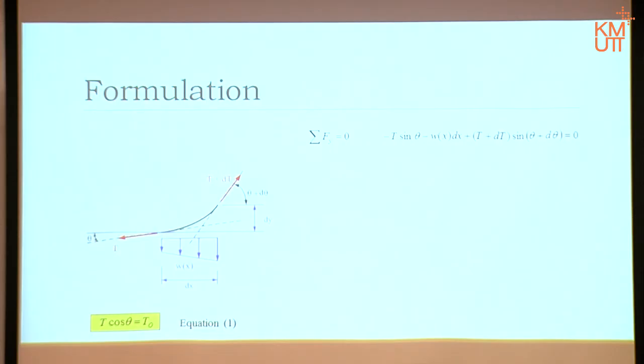Okay? That one comes from that tension into the y direction, sine theta, downward so minus. W dx downward also minus. That one comes from that one, taken into that side, upward positive. The angle is theta plus d theta. So sine of the whole angle.